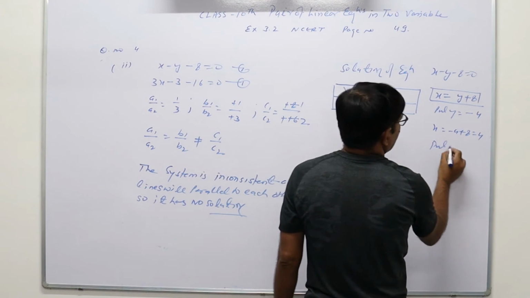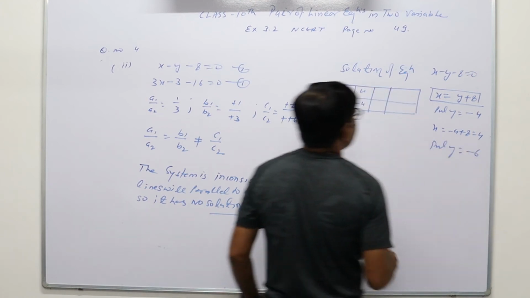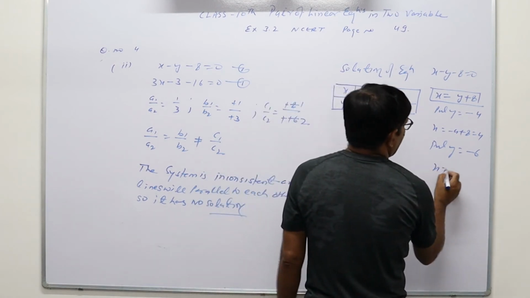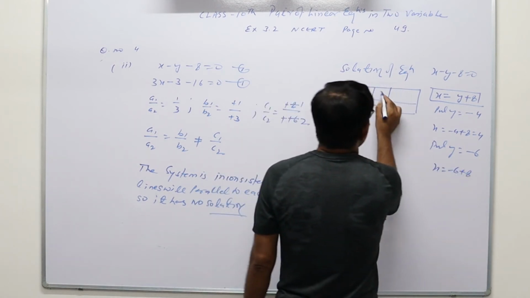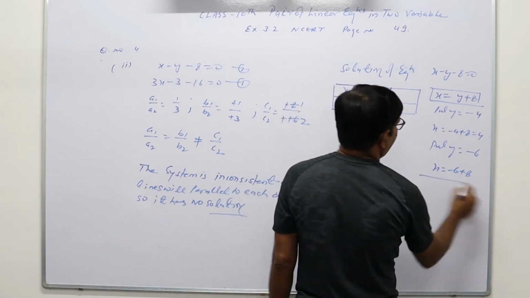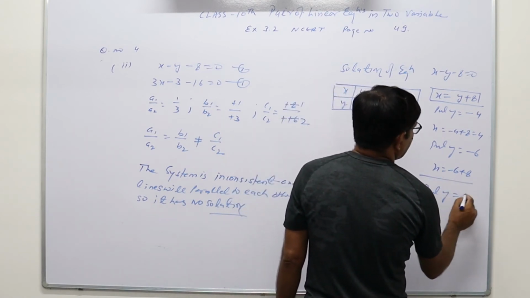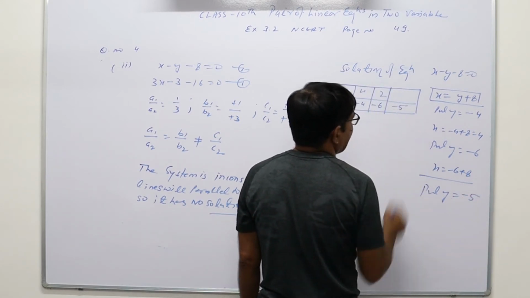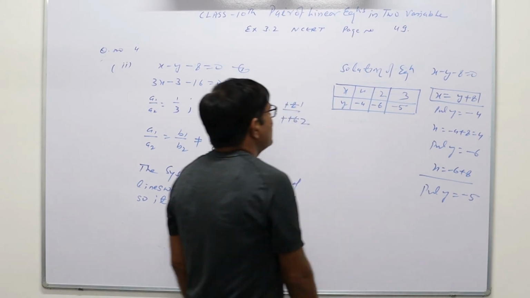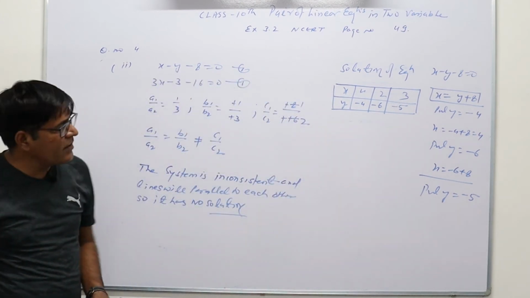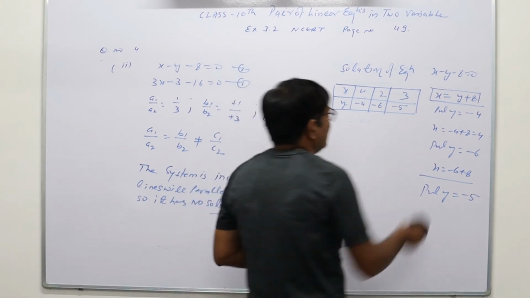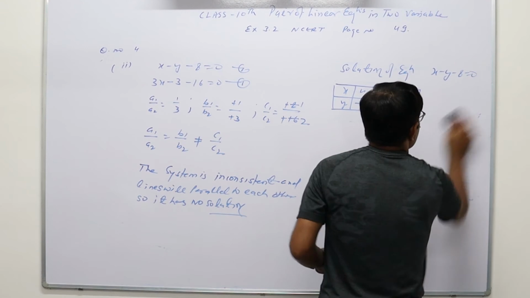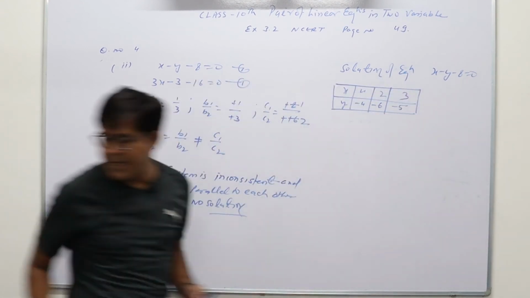Put y is equal to minus 6, then x will be minus 6 plus 8, so that is 2. And if we put y is equal to minus 5, then x will be equal to 3. So this is the solution set for the first equation. Similarly, you can solve this orally also.